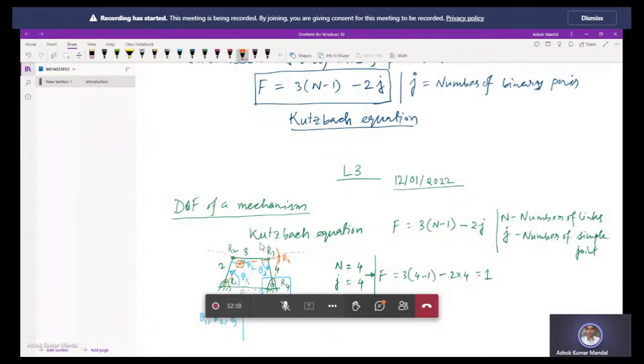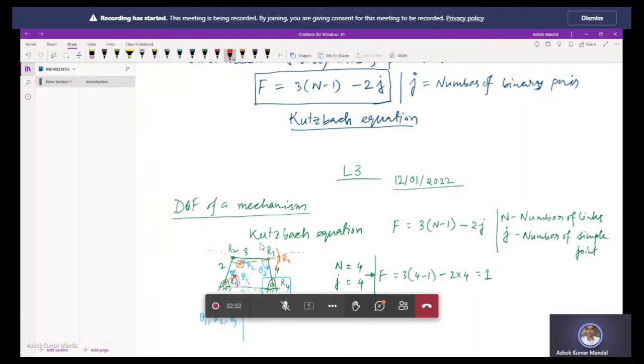That means, one thing you must have noticed, that only this angle theta 1 has been specified, and the other two positions, of link 3 and link 4, are obvious from theta 1. So that means the motion of link 3 and link 4 are related to link 1.